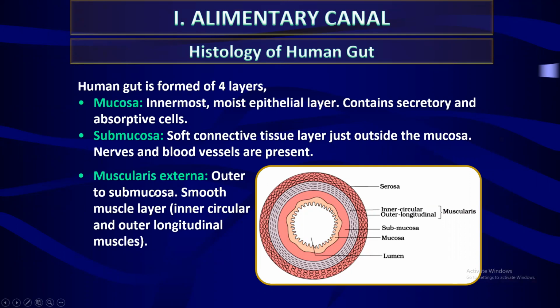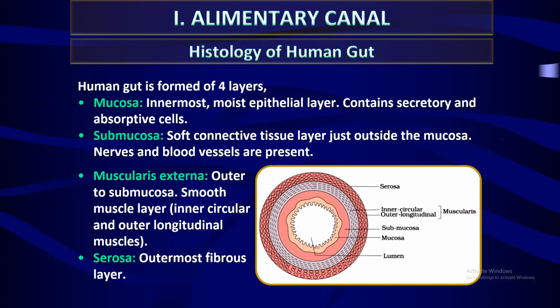It is followed by muscularis externa. It lies outer to submucosa. It is a smooth muscle layer with inner circular and outer longitudinal muscles. So muscularis is made up of 2 types of muscles, towards inner circular muscles and towards outer longitudinal muscles.